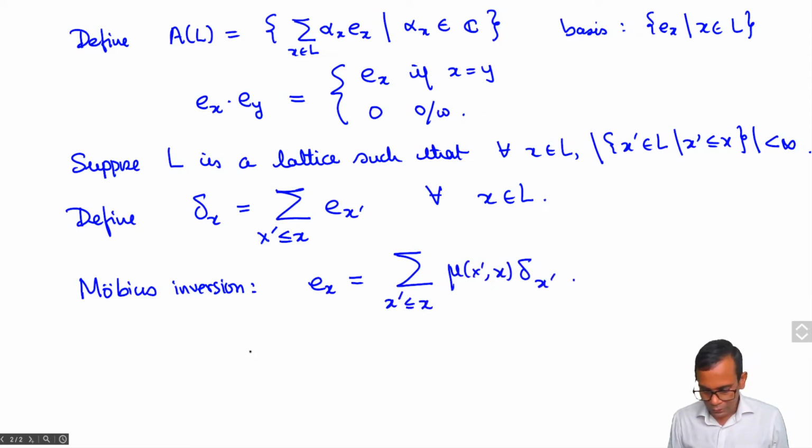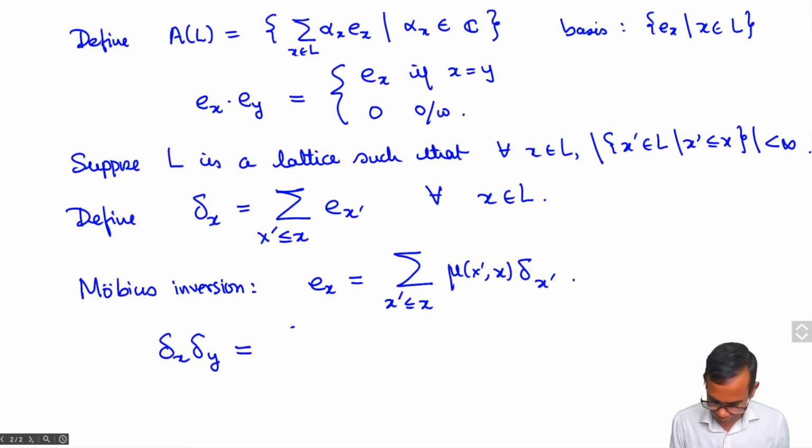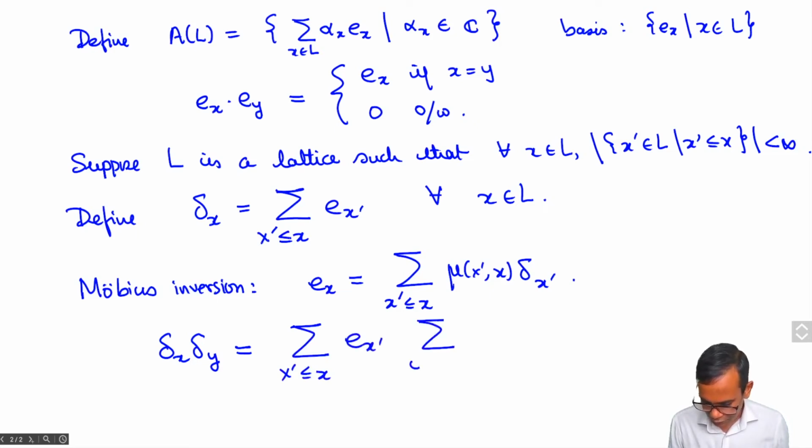Okay, so let's try to compute the multiplication in this algebra in the delta basis now. So delta_x times delta_y is equal to the summation over x' less than or equal to x of E_x', times the summation over y' less than or equal to y of E_y'.